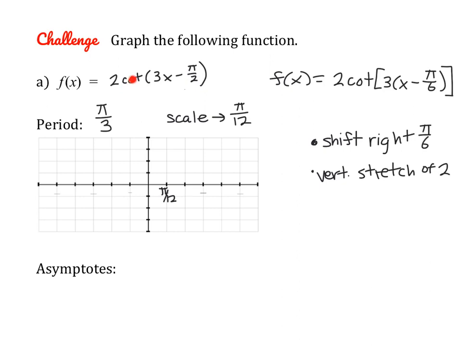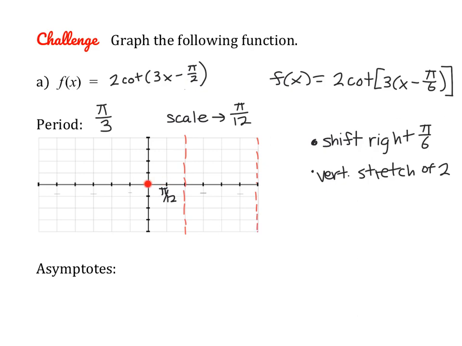Remember, cotangent usually has an asymptote that starts on the vertical axis. However, we're going to shift everything to the right pi over 6, which is 2 tick marks, so we're going to have an asymptote here, and then it's going to reoccur every pi over 3 units. So I go 1, 2, 3, 4, and I have another vertical asymptote, and I can do the same to the left.